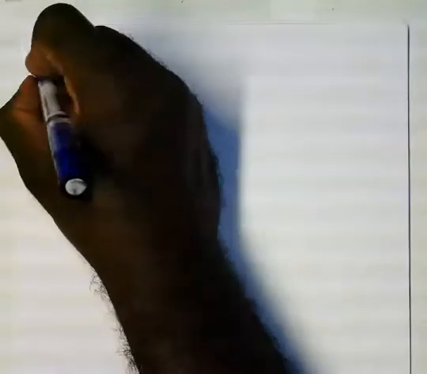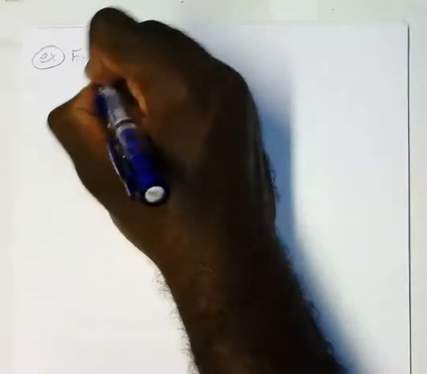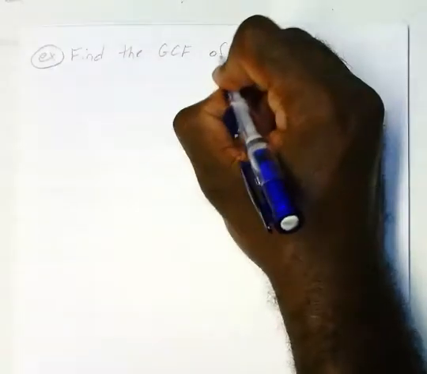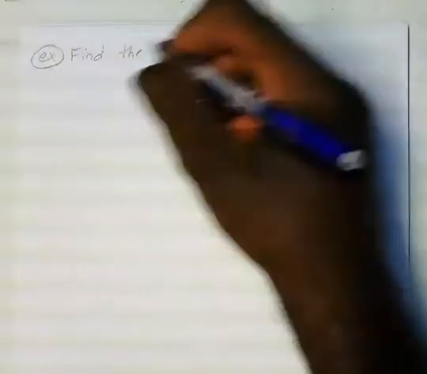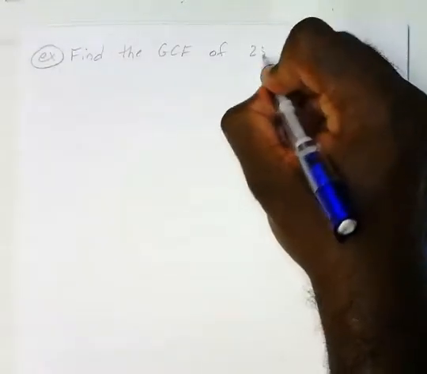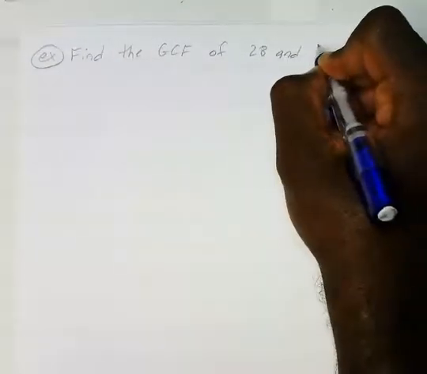All right, so let's say, for example, we wanted to find the greatest common factor of 28 and 40.